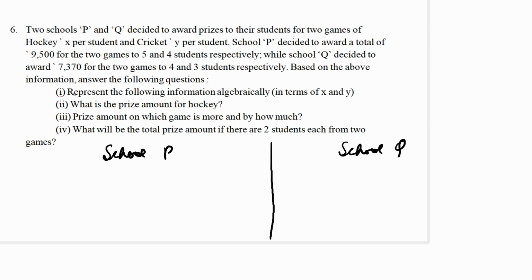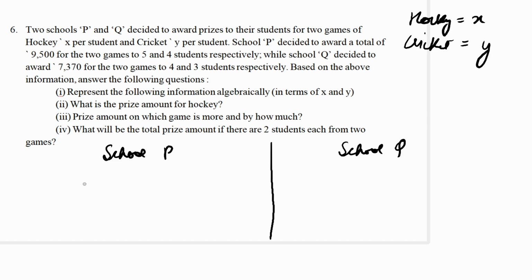P has 5 students for hockey and 4 students for cricket. For cricket they are awarding Y and for hockey they are awarding X.